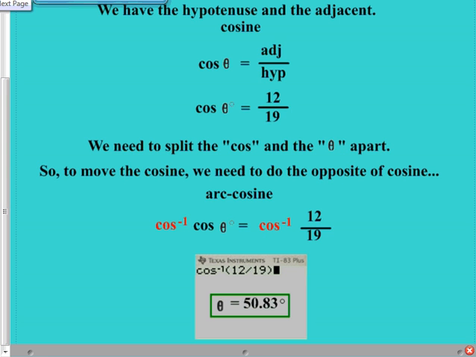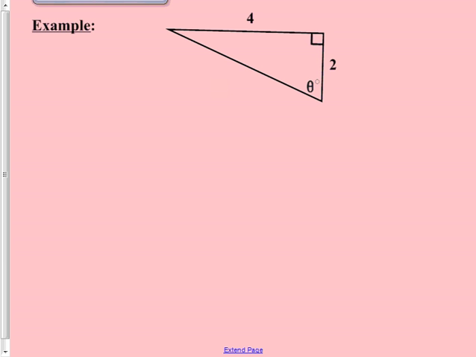Okay, so let's see this work again. Here is a triangle. We're going to set this one up. We're going to see if we can solve it. Actually, I didn't put anything on this page, so I believe I'm going to leave it up to you. But I'll help get you started on this. You've got an unknown theta measurement, and let's see which ratio you might want to use for this problem.